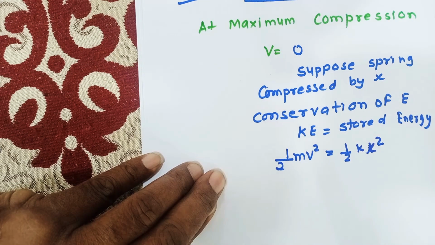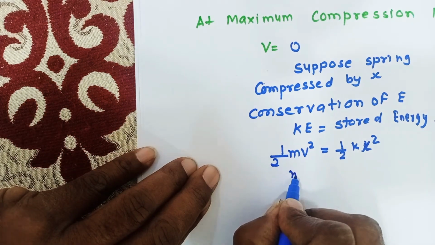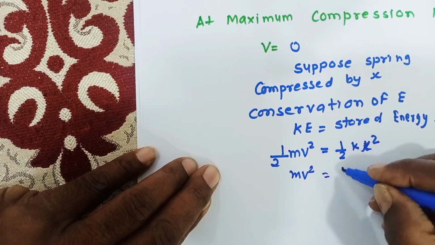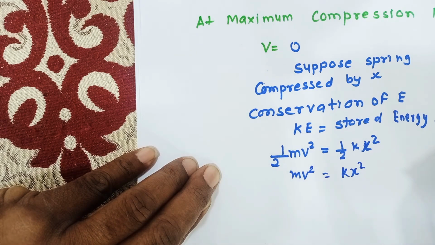So this 2 will cancel and we will get m v square equal to k x square, and we have to calculate the maximum compression.